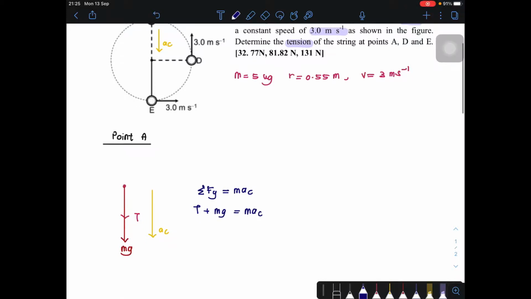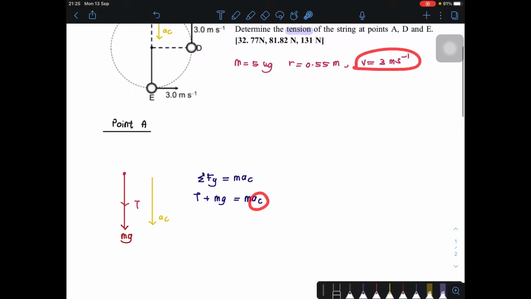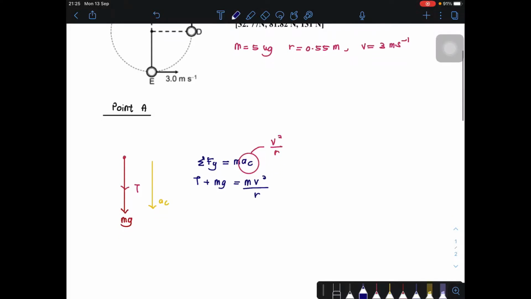Okay, so the information that we have adalah in terms of velocity. Kita tiada acceleration. So in terms of velocity, kita terus masukkan, ubah kepada this one. Okay, kita tahu acceleration adalah sama dengan v square divided by r. So dekat sini teruslah ubah kepada v square divided by r. So kita boleh cari value for the tension.